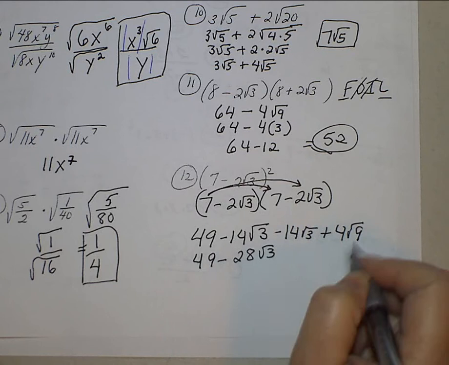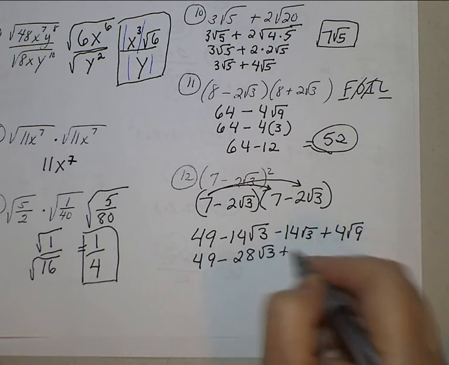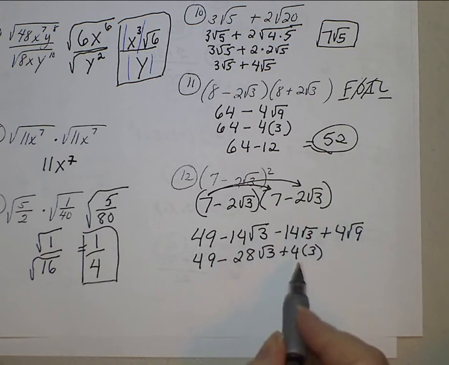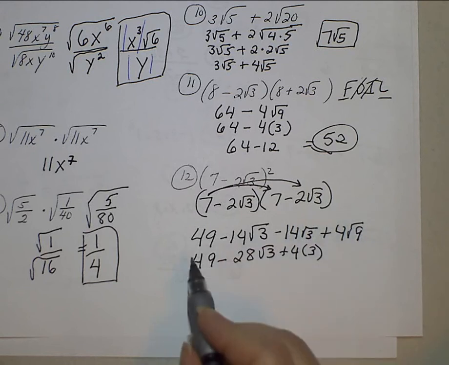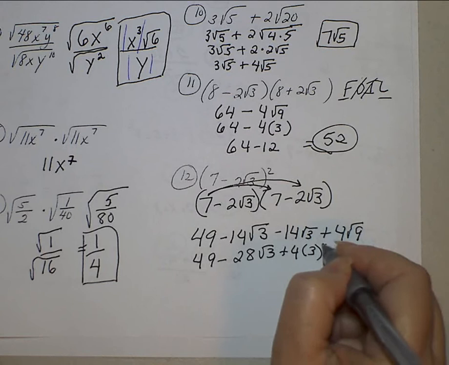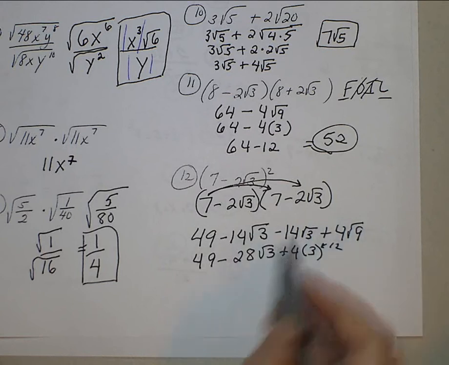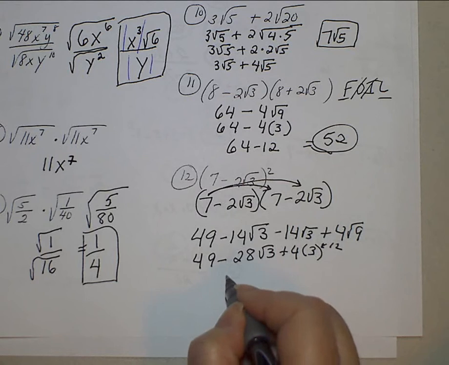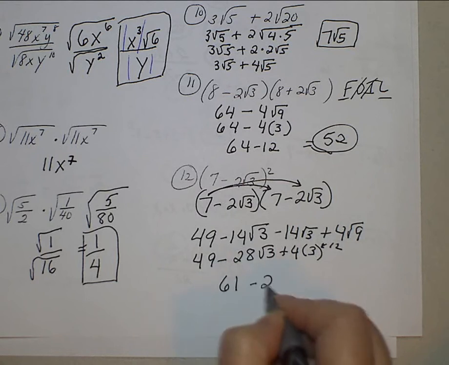And then we have 4 times my 3. That's 12. So 49 plus 12, 61 minus 28 square roots of 3.